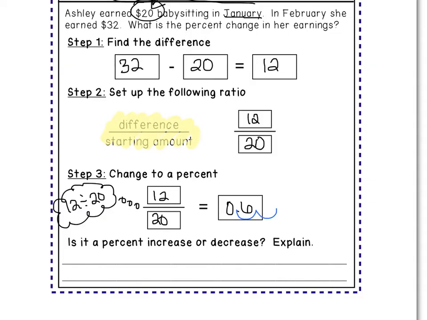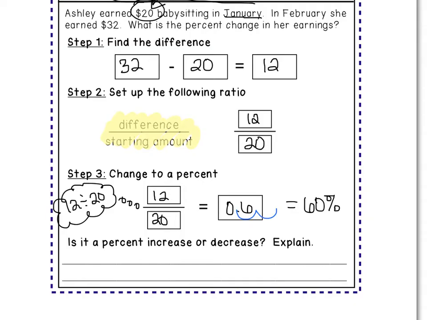Add in that 0 for a placeholder, and you get an answer of a 60% change. Now the next part is we need to explain whether this is a 60% increase or a 60% decrease. Think about that for a second. What do you think? Did her money increase or did it decrease?